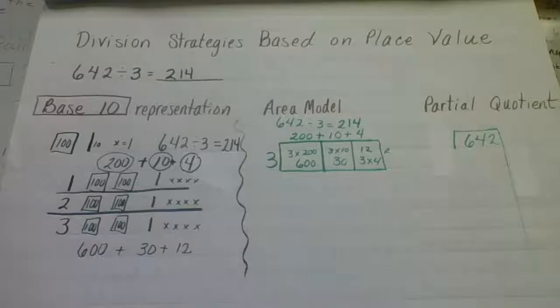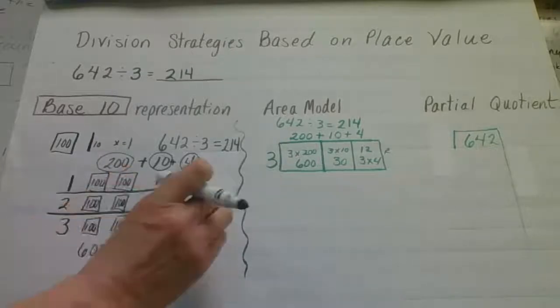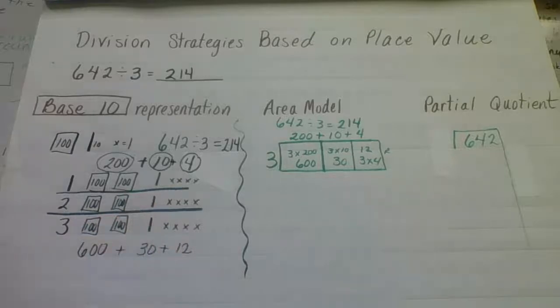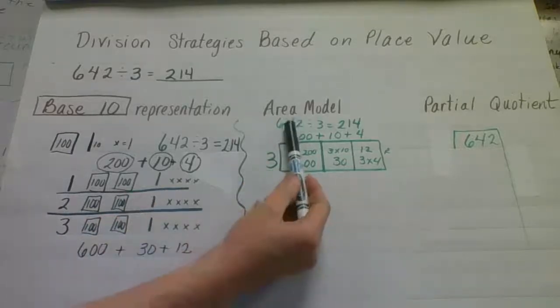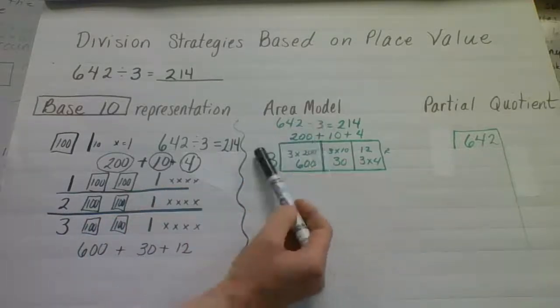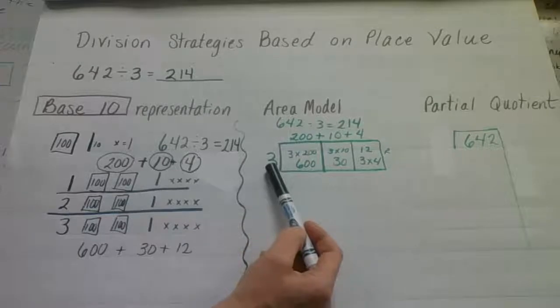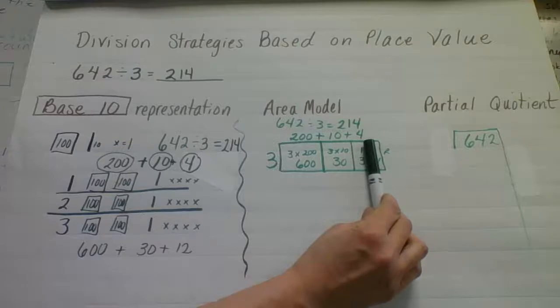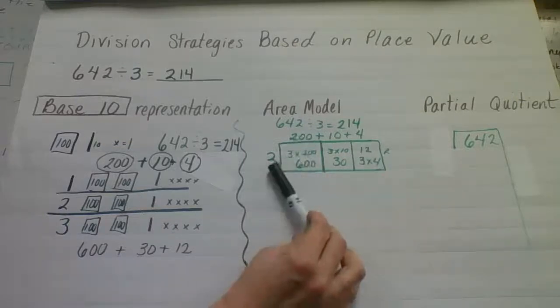The next model is called the area model, and it's this model kind of compressed, and you don't see the place value representation in that model. So I'm taking 642, the same problem, and we're dividing it by 3. And we want to know how much it takes to build that 3 times.